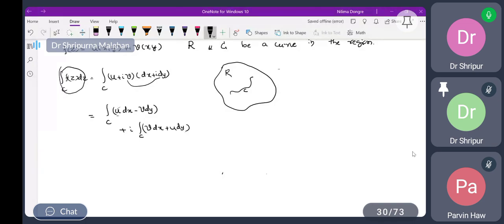Therefore this is evaluation of real functions. Therefore evaluation of a complex valued function is done in terms of evaluation of real valued functions.